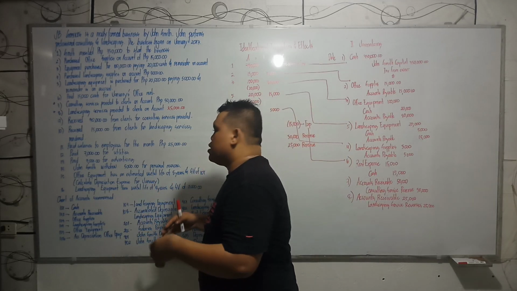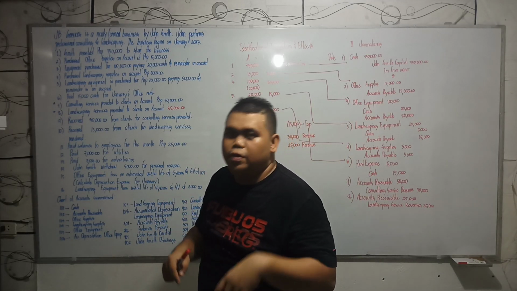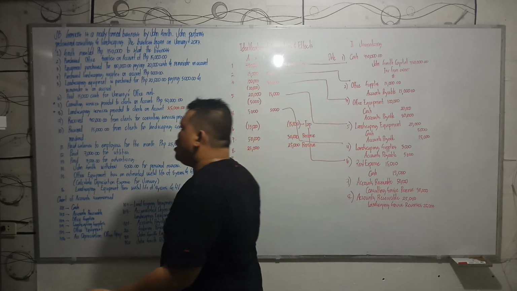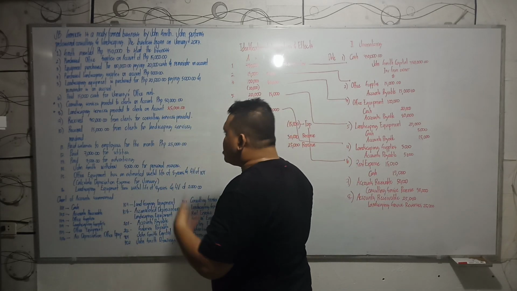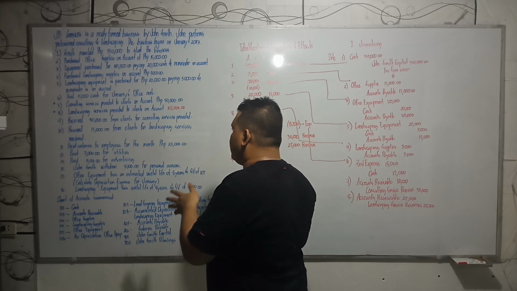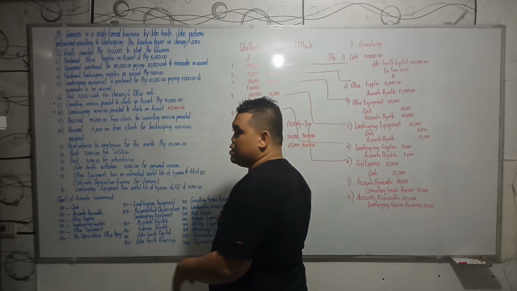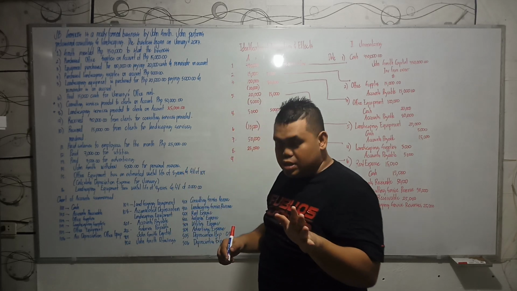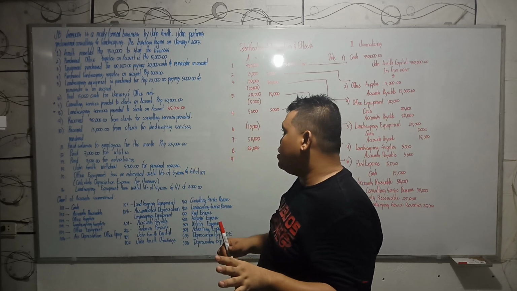Because if ever that is the intention of the maker of the problem, he or she should have said, received collections from account clients for consulting services provided. Something like that. So you do not assume unless otherwise stated in accounting. Okay?